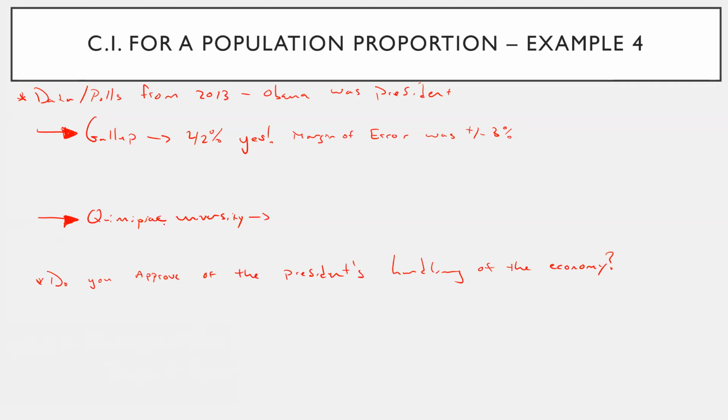Quinnipiac University came out with the same poll during the same time period, and their poll found that 38% of people said yes, and their margin of error was plus or minus 2%. So here's my question: could both polls be right?